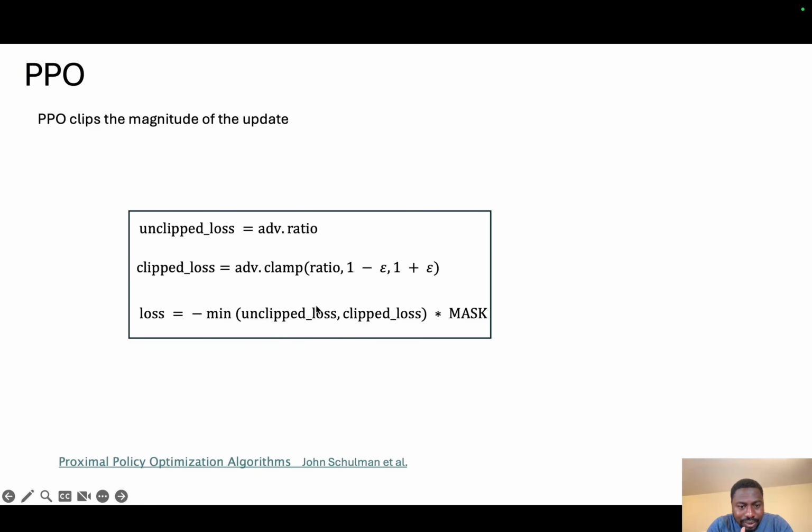Then you take the loss as basically the minimum between these two, right? You don't want your policy to drift too much, so this epsilon controls the off-policyness, and then you can take the mean of this.